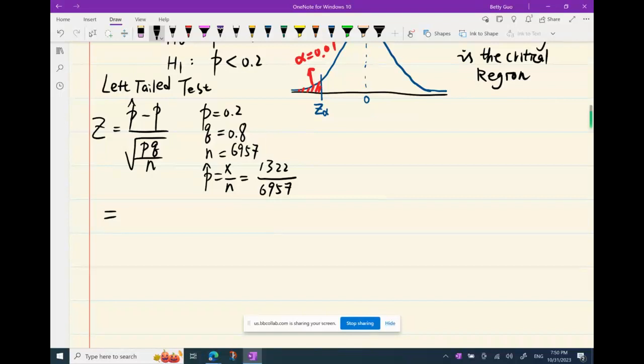I would have a decimal, but I don't care what the decimal is, it's equivalent to the fraction I just entered. That's p hat. Then I enter minus 0.2. You would see answer minus 0.2.